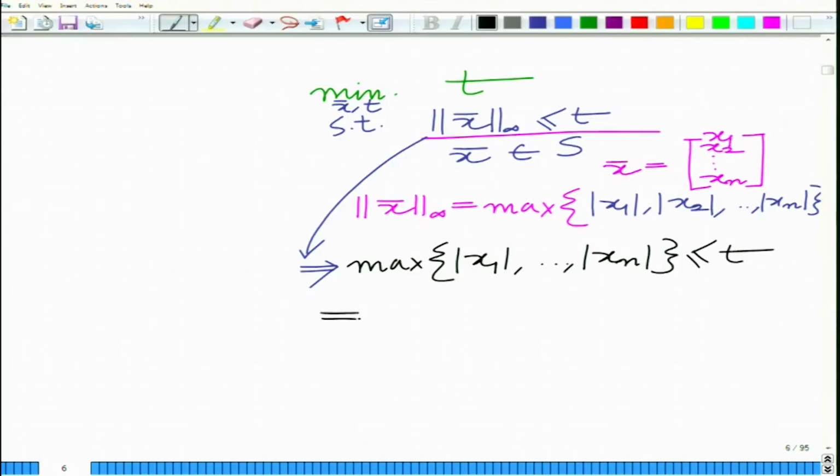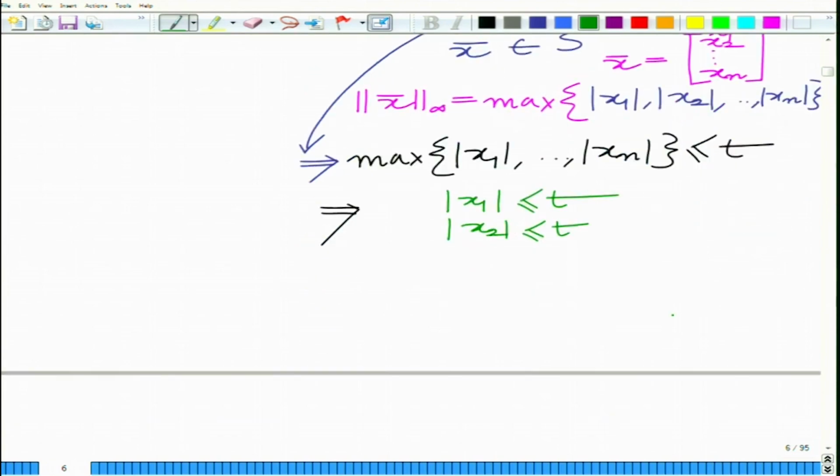So, this in turn leads to something interesting. This implies that magnitude x1 is less than or equal to t, magnitude x2 is less than or equal to t, and so on, up to magnitude xn less than or equal to t. Now, magnitude x1 less than or equal to t implies that minus t is less than or equal to x1 less than or equal to t.